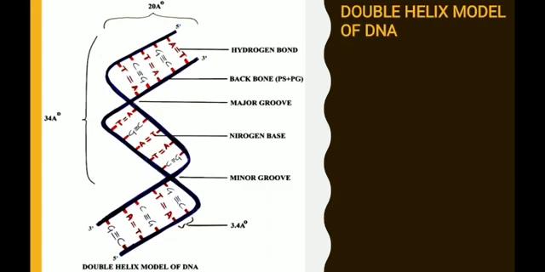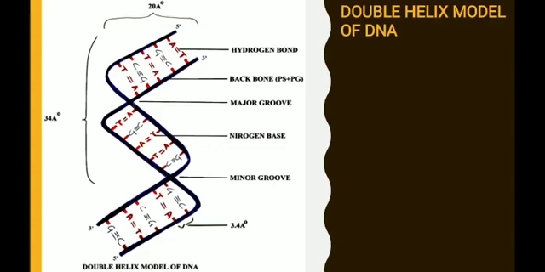Just observe the base pairing between A and T, G and C, as well as vice versa, T and A, C and G, and observe the number of base pairs in each segment. It should be a total of 10 in one complete turn, not 5, total 10 base pairs per turn.